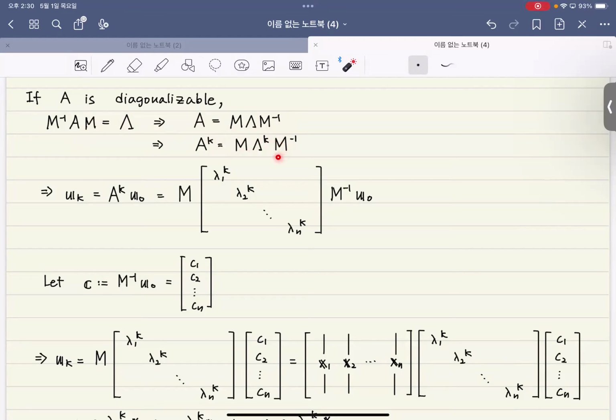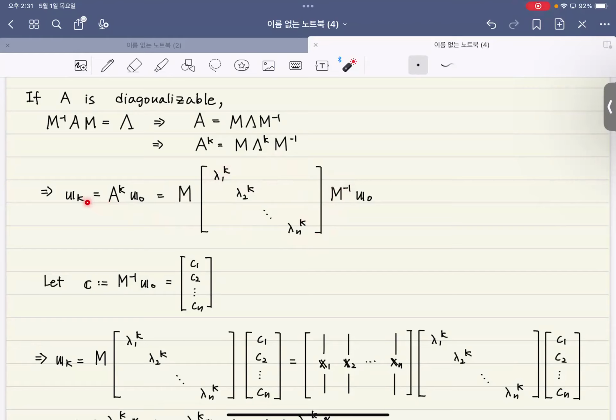Now, computation of A to the k is complicated, but computation of the diagonal matrix to the power of k should be super easy. So this is M times Lambda to the power of k times M inverse.